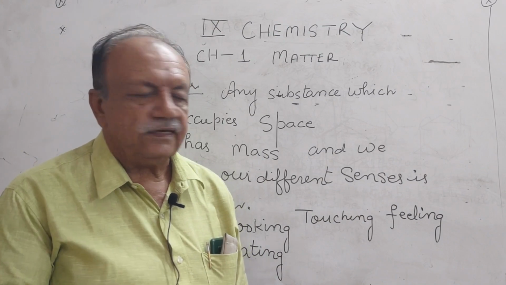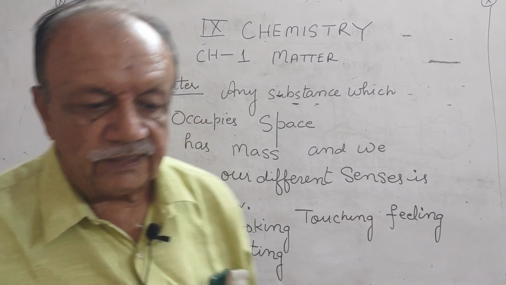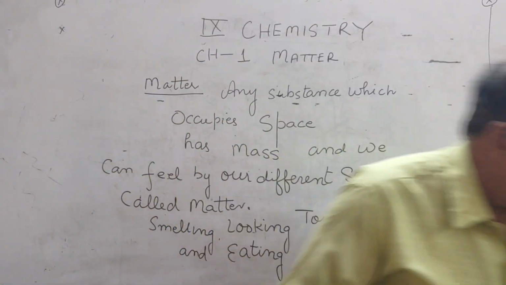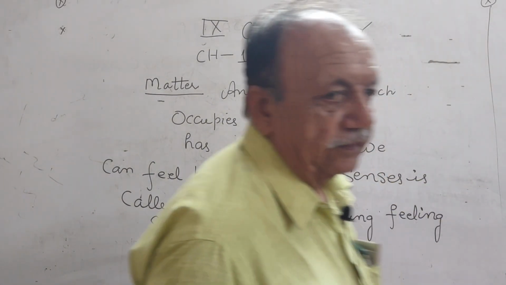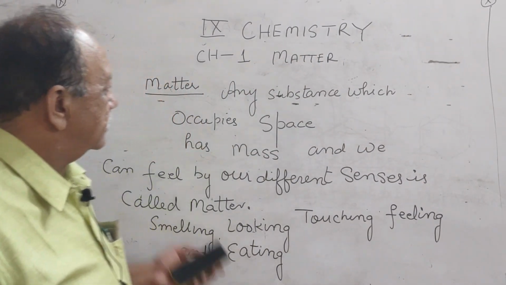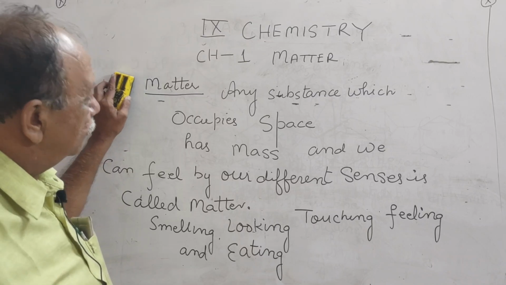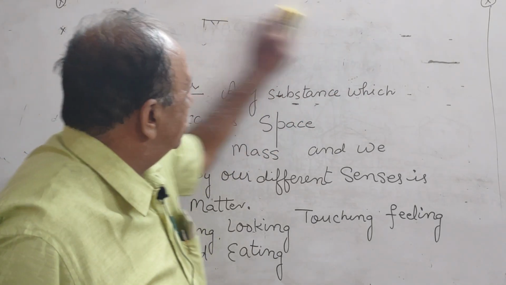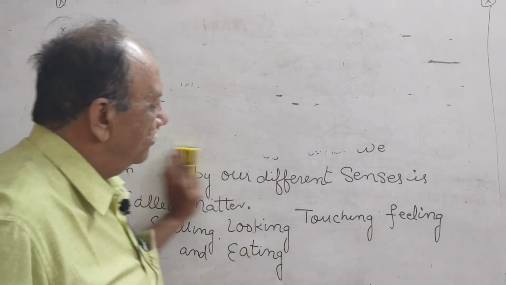Basically, there are three stable forms of matter. What are the three different stable states of matter?